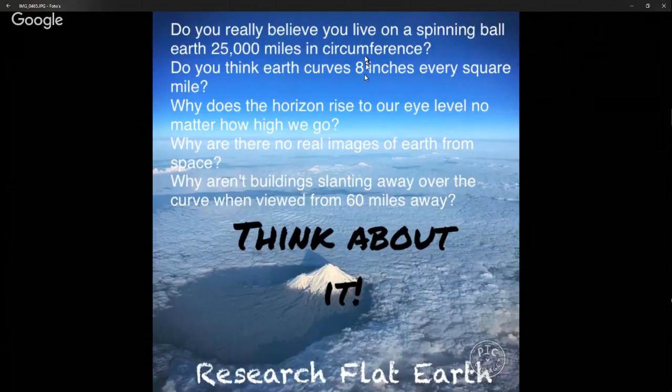So 60 divided by 8, 480 inch curvature. But we still can see buildings. If you zoom in 60 miles away, we still can get buildings in view, and they are straight. They are vertical. They are not standing like this or that. They are vertical.